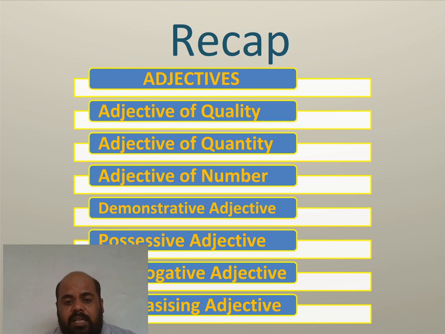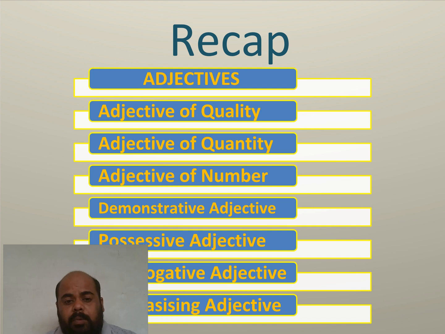Next is demonstrative adjective, in which we talk about the placing of the noun, where it is placed. This, that, these, those are the demonstrative adjectives. Next is possessive adjective, in which we talk about ownership, and we use his, her, mine, yours.